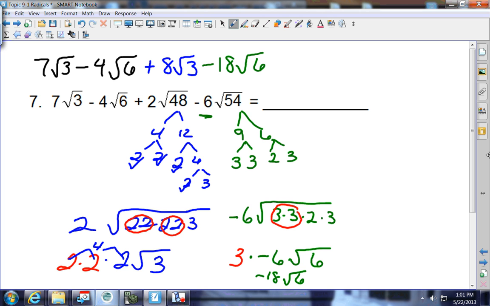Okay, now let's put together the ones like square root of 3. 7 plus 8 is 15. Square root of 3. Negative 4 square root of 6 minus 18 square root of 6. Negative 18 and negative 4, negative 22 square root of 6.